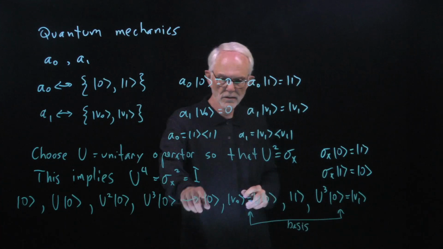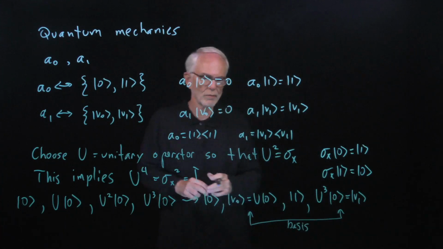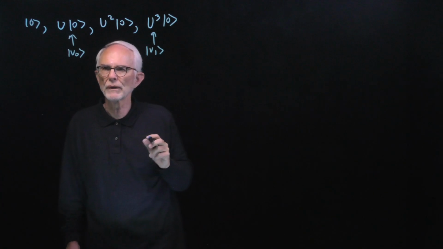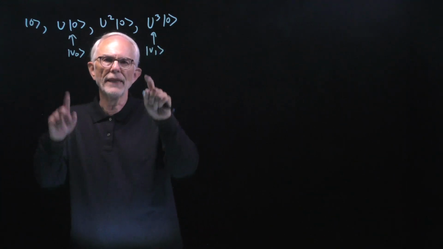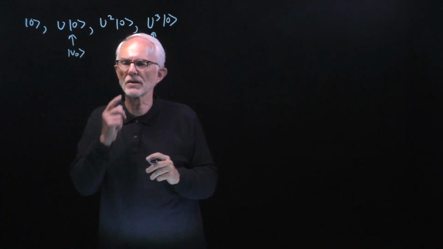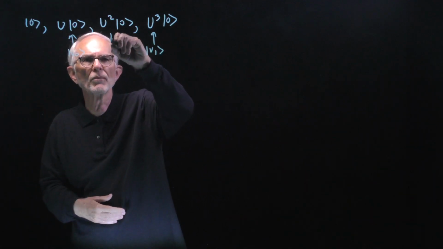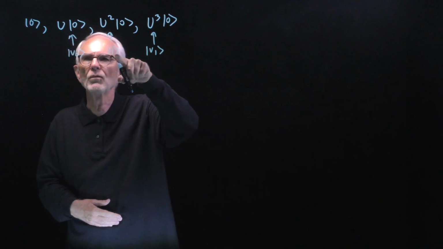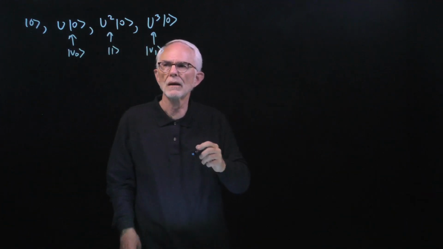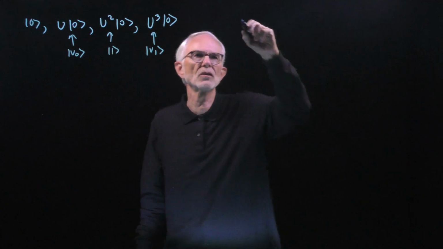Clearly, 0 and 1 form an orthonormal basis. Now I need to show that V0 and V1 are orthogonal, because I'm claiming they're an orthonormal basis. Clearly, this one is, because remember we found that this was simply 1, and 1 is orthogonal to 0. So let's go ahead and show that these two things are orthogonal.